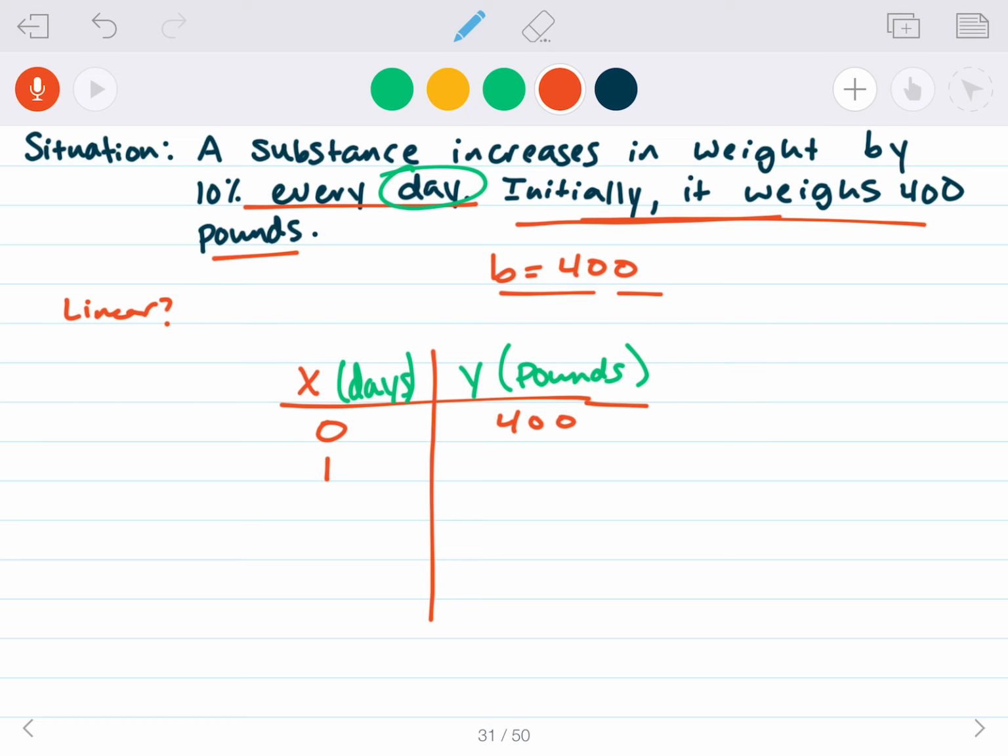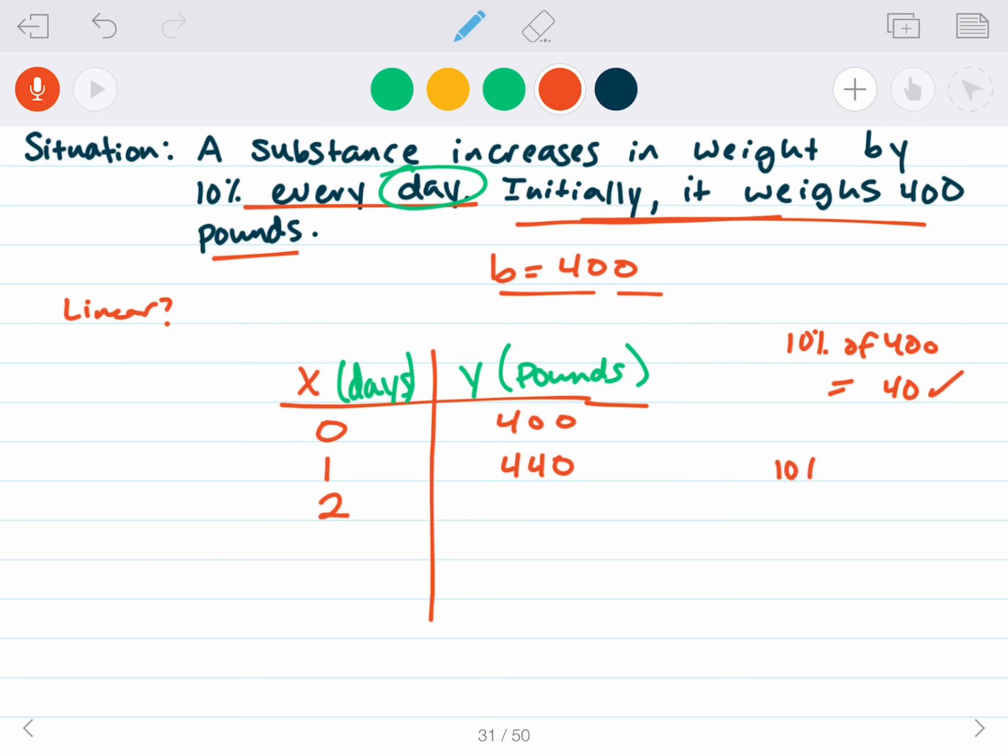After a day, it's going to weigh 10% more. So 10% of 400 is 40, right? And so, if we add on 40 there, we get 440 for day 1. So on day 2, it's going to increase by 10% from the previous day.